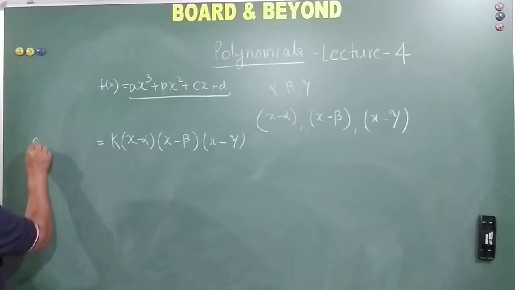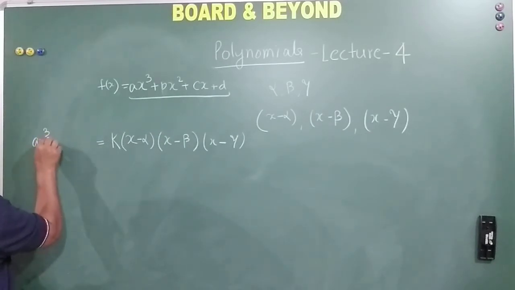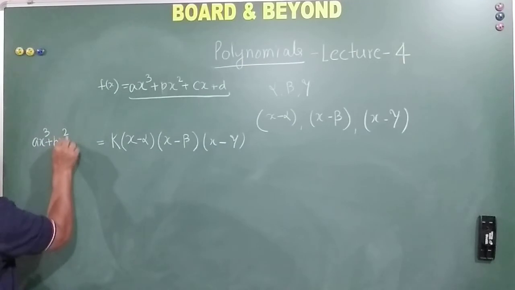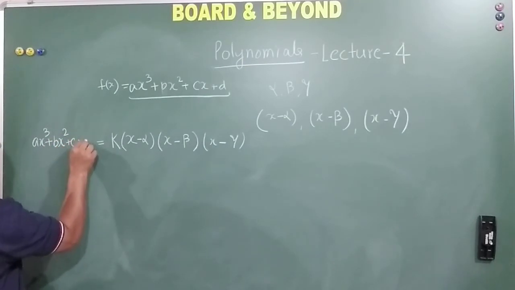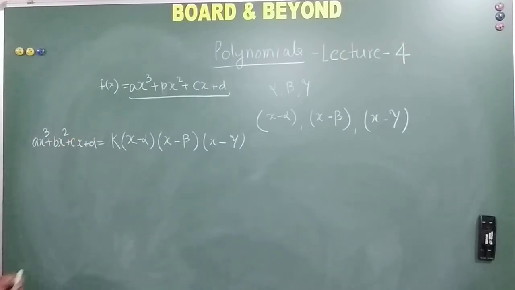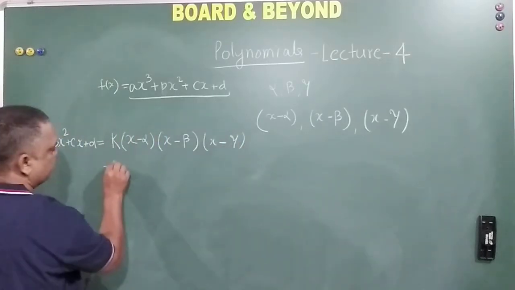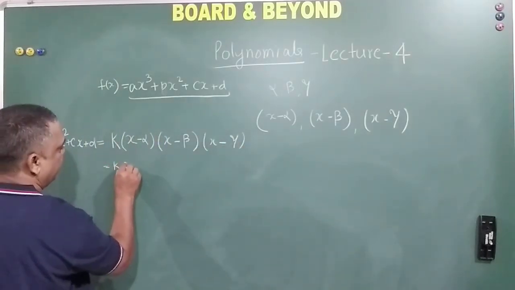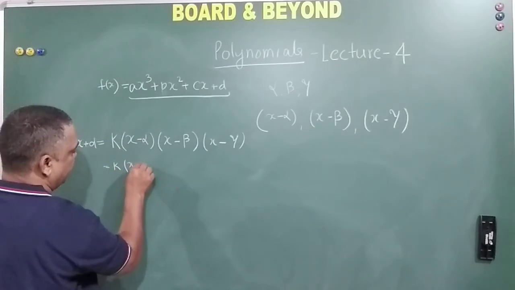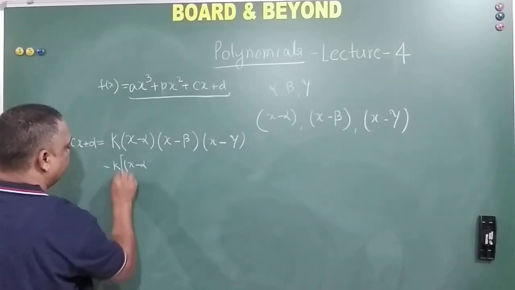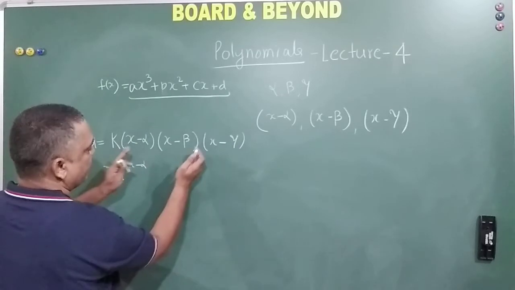Yeah, okay. So ax cube plus bx square plus cx plus d. Right? Now we expand this. So keeping k here only, x minus alpha, what we do is that first we open up this bracket.